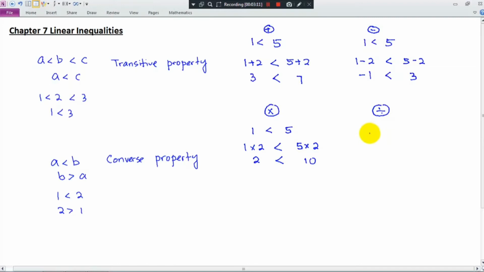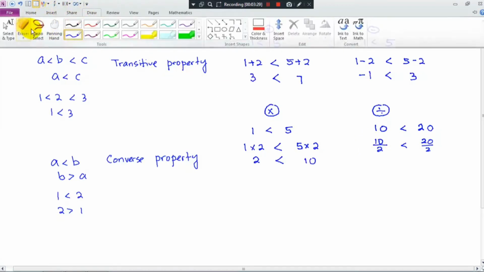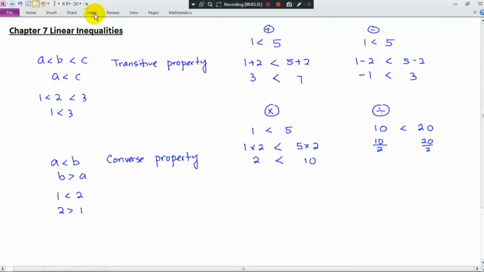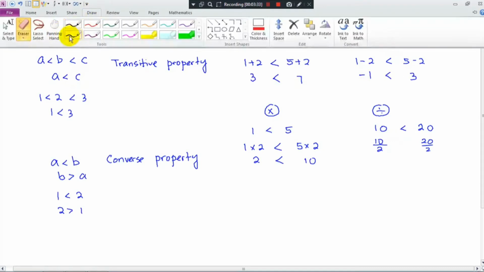Okay, so for this one I use another number. 10 is less than 20. So I divide by 2 for both sides. I cannot put the symbol first because I want to show you later whether the symbol changed or not.